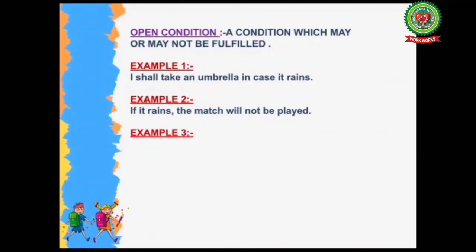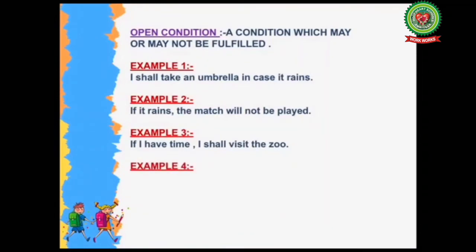Example number 3. If I have time, I shall visit the zoo. In the same way, we have an open condition here. If I have time, I shall visit the zoo, and if I don't have time, I shall not visit the zoo. There is a possibility of having time and a possibility of not having time.